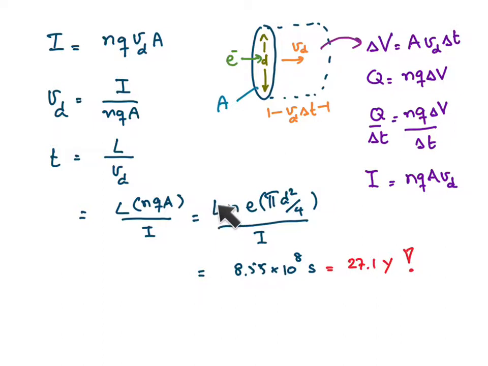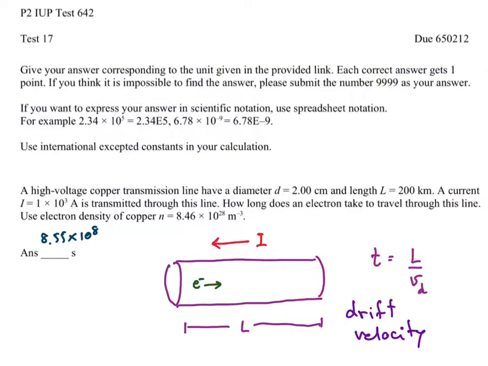We know all the numerical values of these variables. We have L equal to 200 kilometers. Again, we have to change this into the base unit, so it is 200 times 10 cube meters.